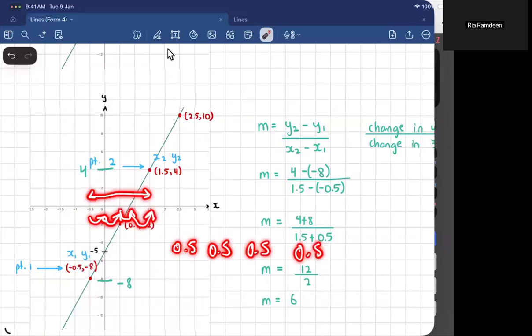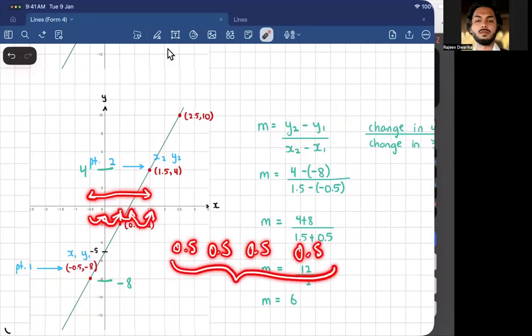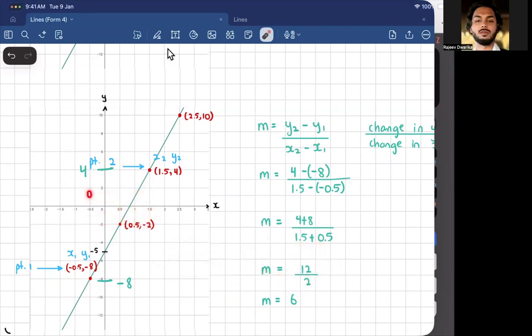So what was the change then? It was 4 sets of 0.5. So 0.5 plus 0.5 is 1, and the other 0.5 plus 0.5 is 1. 1 plus 1 is 2. So the change from here to here is 2.